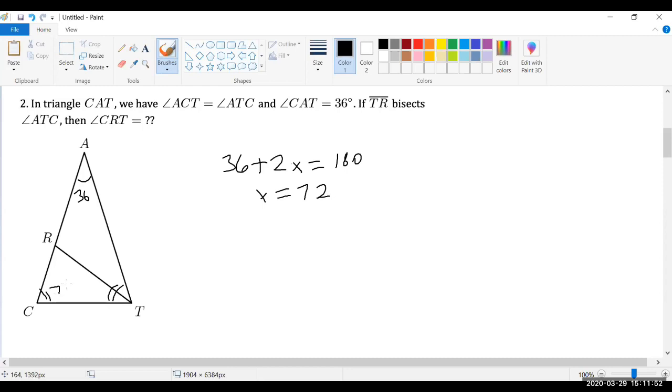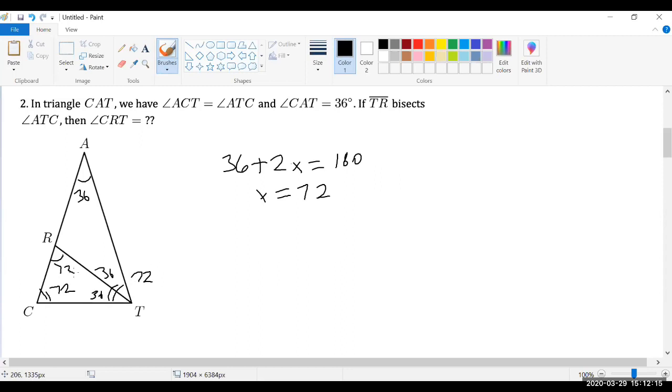So that's 72. This whole thing is 72. Now RT bisects angle CTA, so each of these is half of it. That's 36. This is 36 as well. And again, our final step is going to be using the sum of the angles, so that's 72 as well.